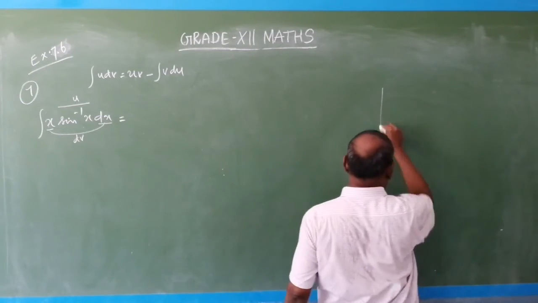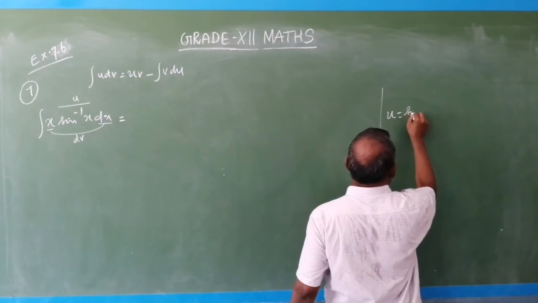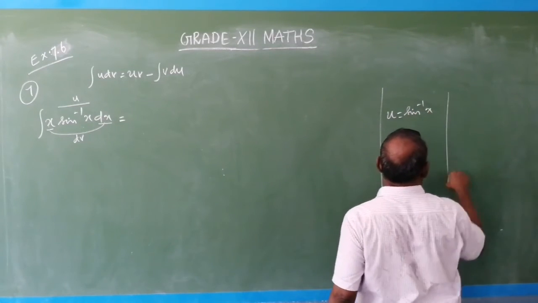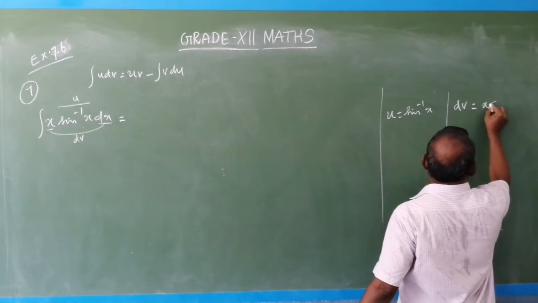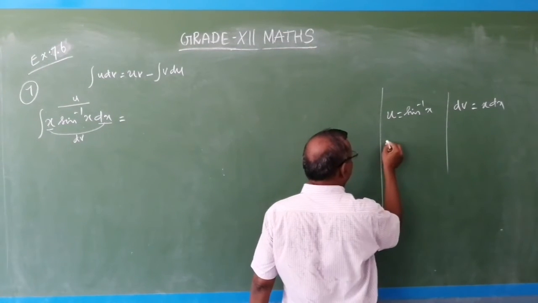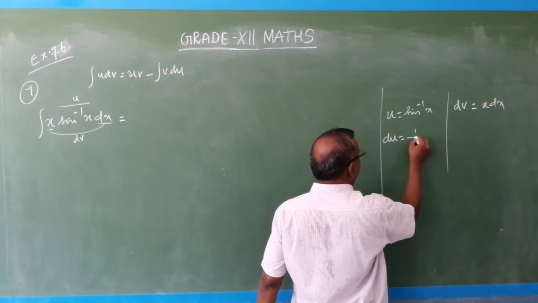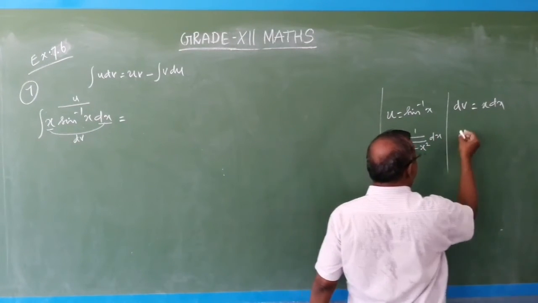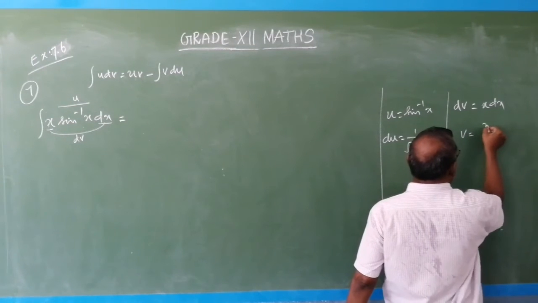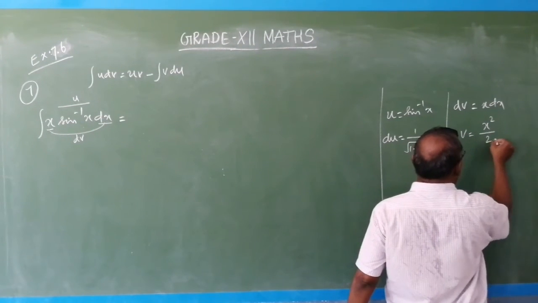Here u equal to sin inverse of x and dv equal to x into dx. Differentiating u, we have du equal to 1 by root of 1 minus x square into dx. Integrating dv, integrating x we have x square by 2.